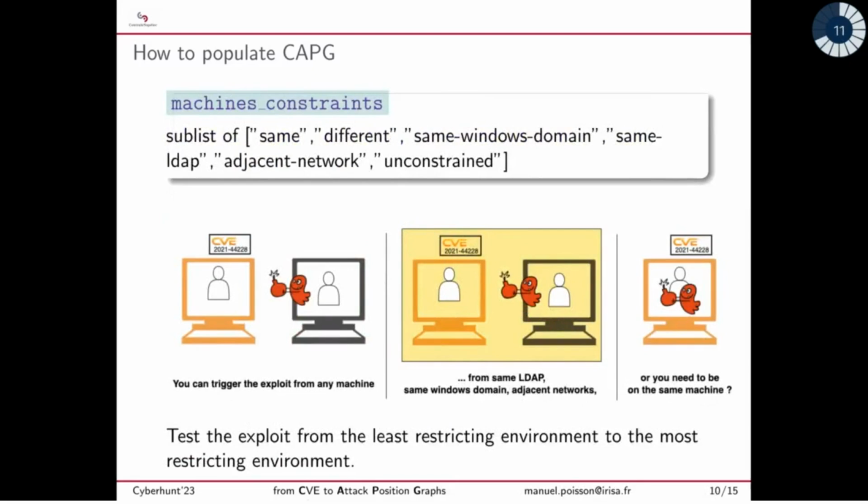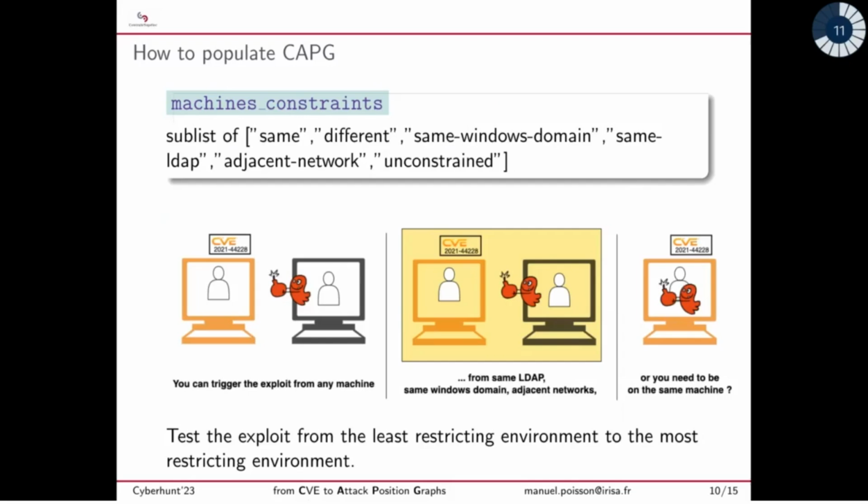Then, to determine the machine constraints, we will try to execute the exploits from the least restrictive environment to the most restrictive one, and find what are the least conditions required to exploit the CVE.